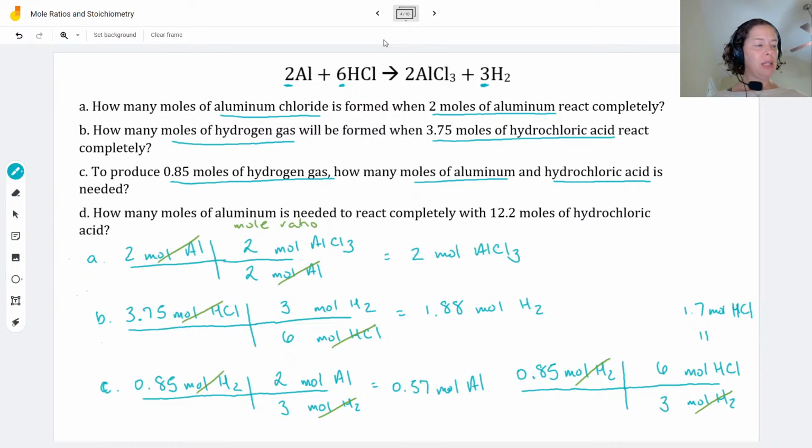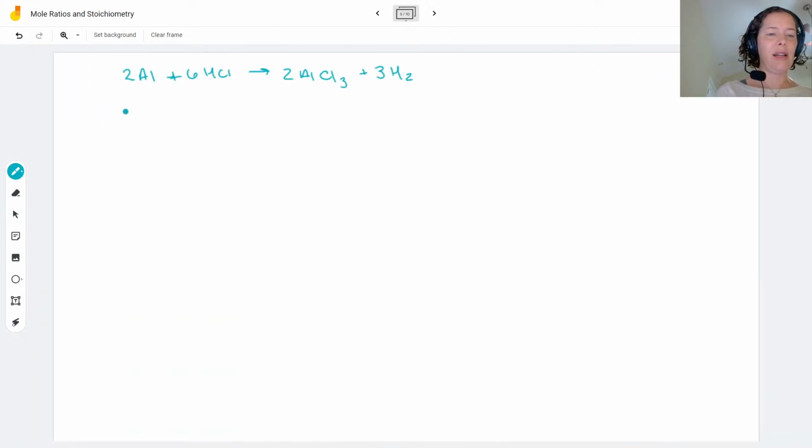Okay, so let's go on to part D here. How many moles of aluminum is needed to react completely with 12.2 moles of hydrochloric acid? Okay, so in this case, I'm taking moles of hydrochloric acid, which is a reactant, and I'm predicting how much of my other reactant I need. Okay, let's go ahead and do this. So we're starting with 12.2 moles of HCl.